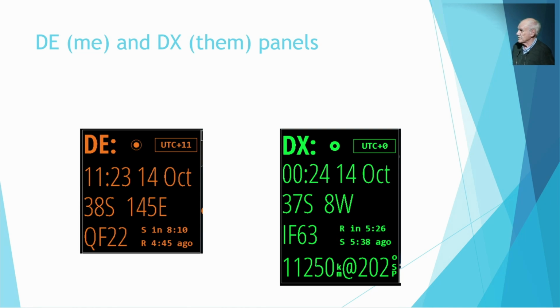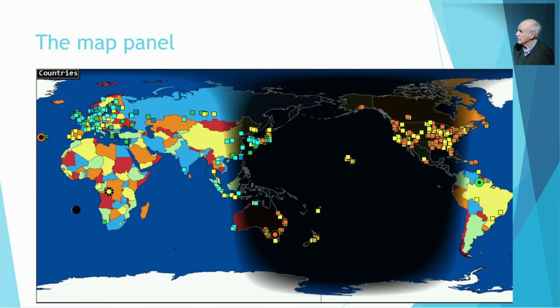The DX is the other guy you're talking to, and inexplicably R and S are the other way around, just to confuse the hell out of everybody. But it will tell you his distance, his azimuth, and his time zone. It will even give you the weather at the DX location.